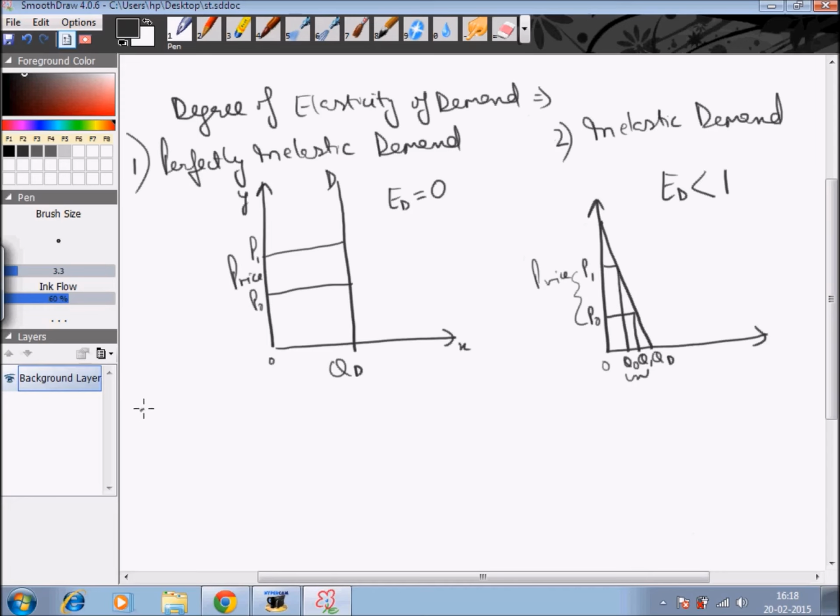The third degree of elasticity is unit elasticity. Now, unit elasticity is like if there is a 1% change in the price of the commodity, there will be a 1% change in the quantity demanded of the commodity. We show it graphically like this.